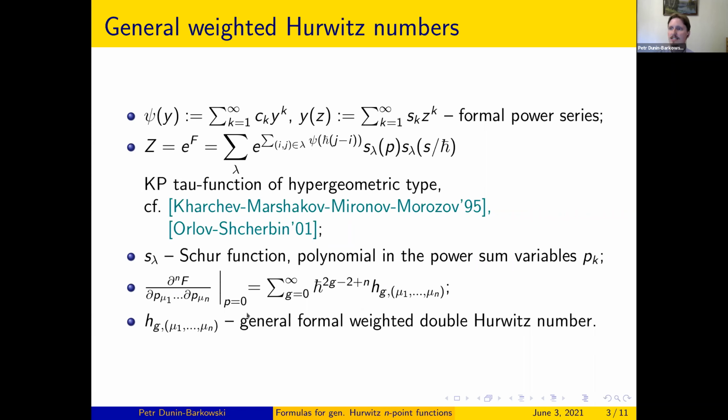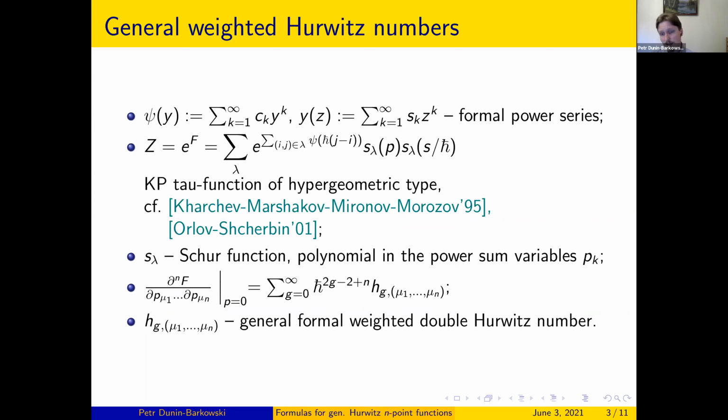It's not completely obvious why they are well defined, why this genus expansion works, why you only have finite sums here, but it actually follows from our theorem that they are indeed well defined in the more general formal power series situation.